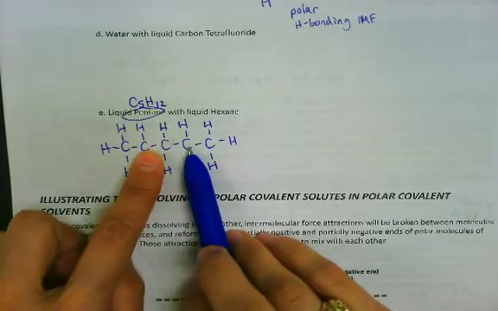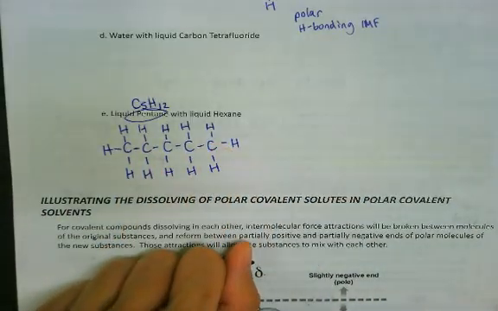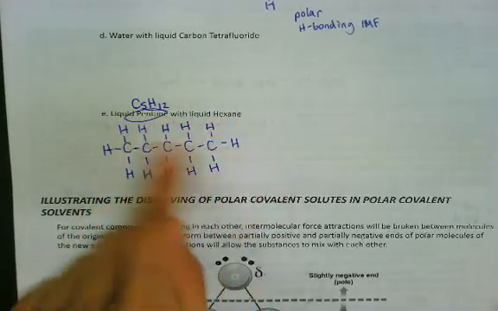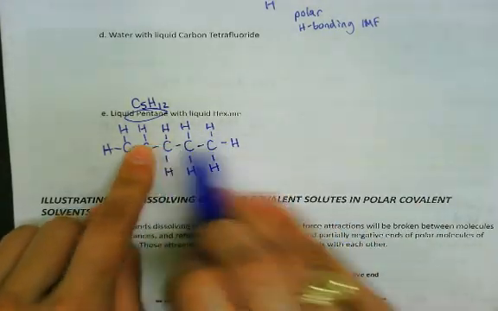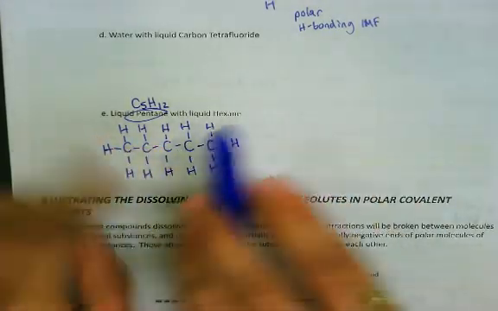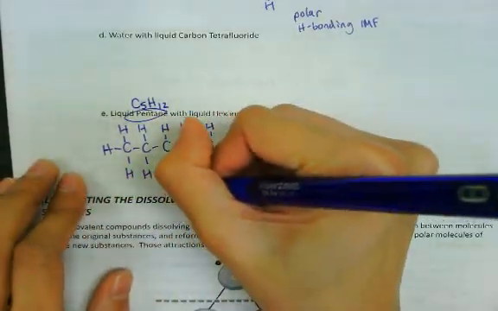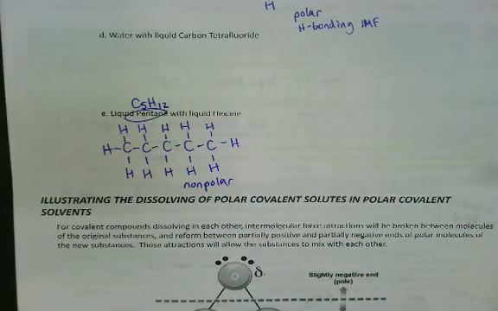With hexane, very similar. You're just going to have 6 carbons instead of 5. Okay? And when you get pentanes, hexanes, things like this, these guys are going to be nonpolar. There's not going to be a stronger pull of electrons in any which way. So there's not going to be any pulls being created.